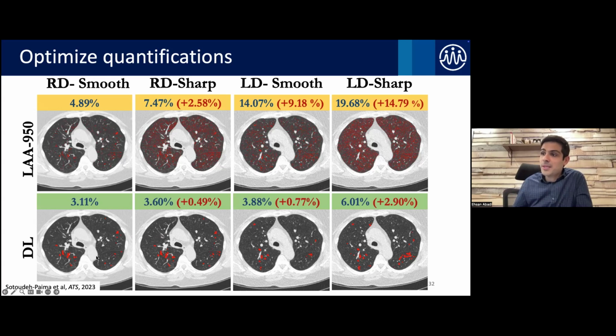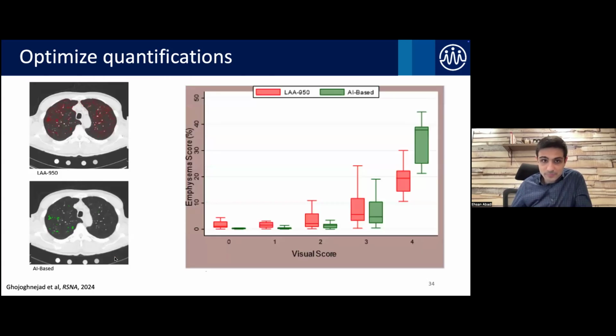And the bottom is our segmentation, and it's much more accurately identifying the emphysema regions regardless of the imaging condition. So with this, you would be able to get these emphysema measurements much more accurately. We also showed that this correlates with visual scores, the way that radiologists score a CT image on emphysema severity.